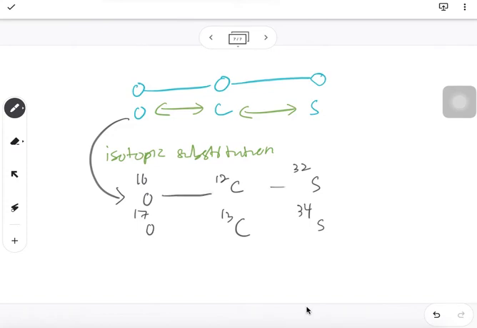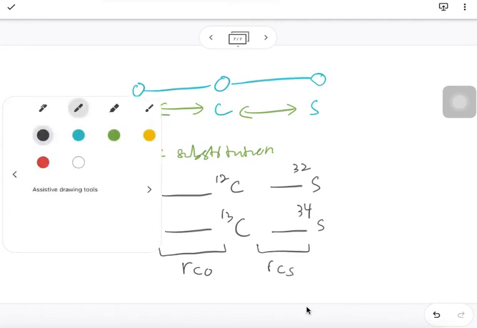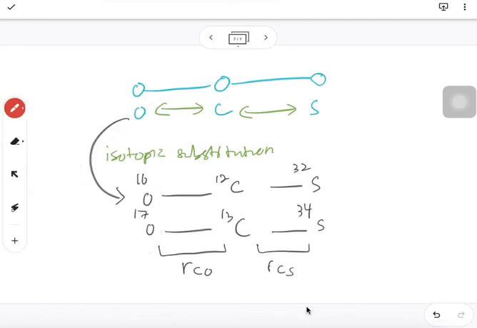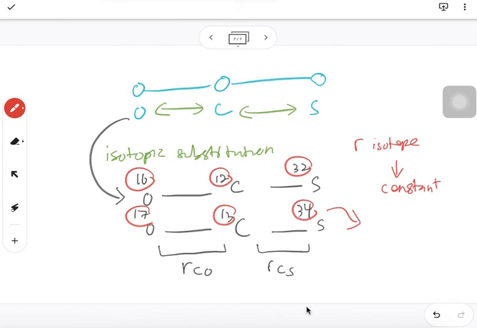From this, you can solve simultaneous equations to get the values of RCO and RCS. We remember that the bond length R in isotopes is the same, but since you change the mass, this will give you a different value of B and a different inertia.